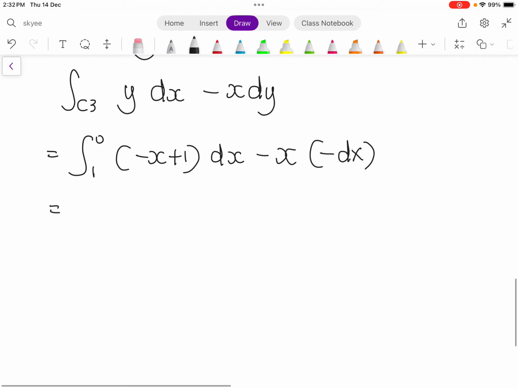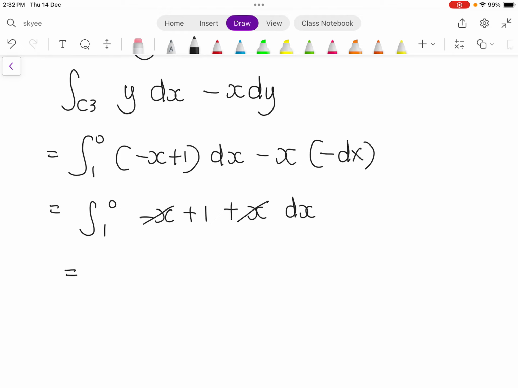So 1 to 0. Okay, so if you simplify again, the integral from 1 to 0 of negative x plus 1, and this is plus x dx. You can basically cancel it. So this one will give you negative 1.